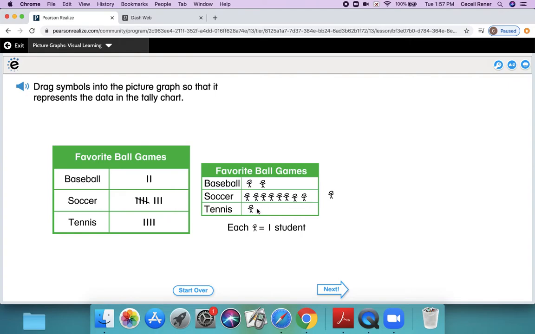Oh, I like them to be a little neater. 1, 2, 3, 4. So I have 4 of these stick figures, 1 for each student. And so that is my tally chart. It's always important to see how many the symbols stand for. There we go. Looks good.